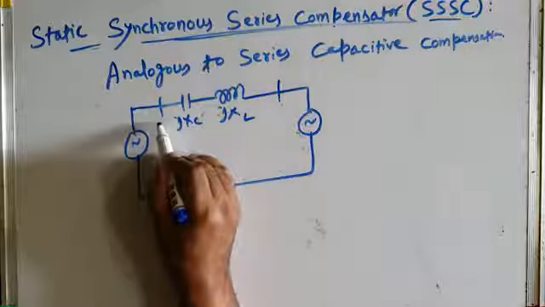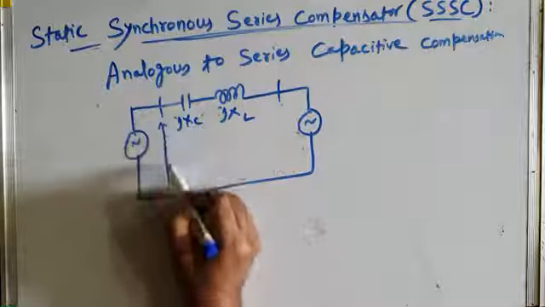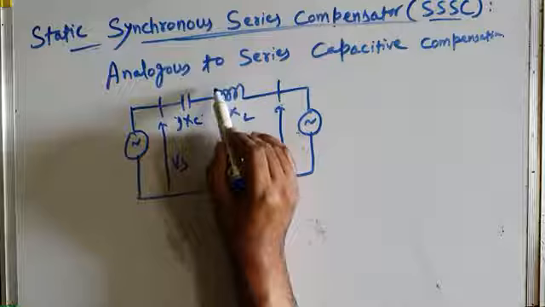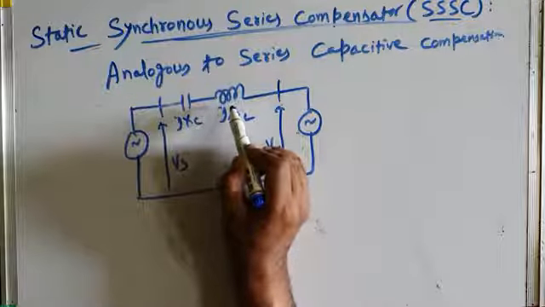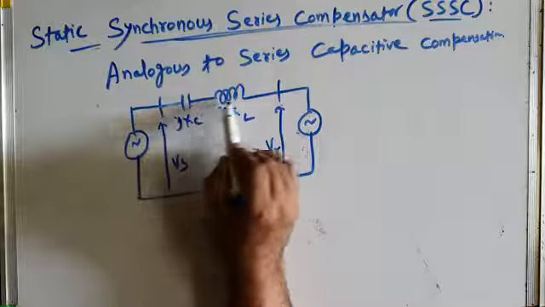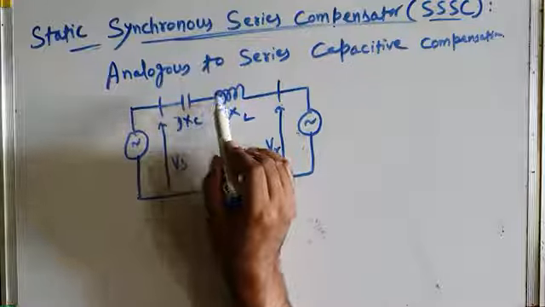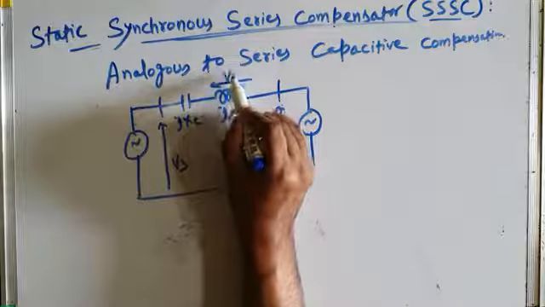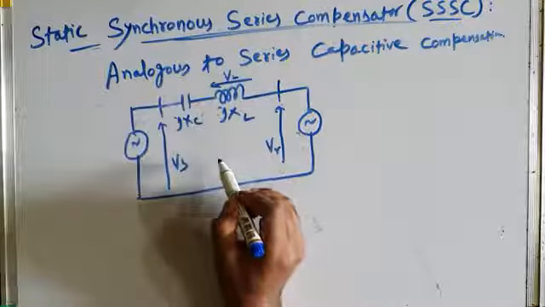For example, for a two machine model, this is sending end voltage Vs, this is receiving end voltage Vr. This is the actual transmission line reactance. And in case of a series capacitive compensation, what we do is place a capacitor in series with the transmission line. The voltage across this inductive reactance or transmission line reactance is, for example, VL.